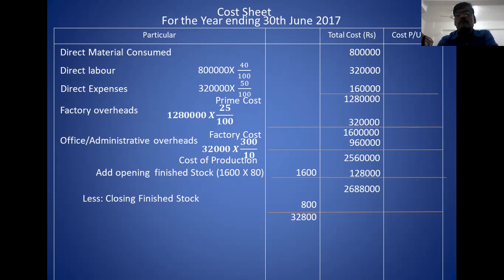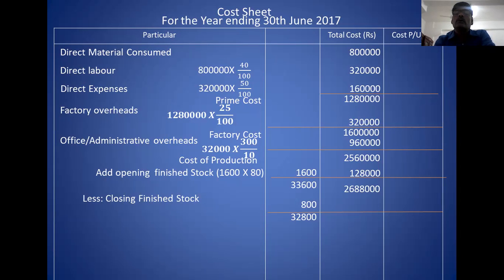32,800 plus 800 is equal to 33,600. I am going in reverse.